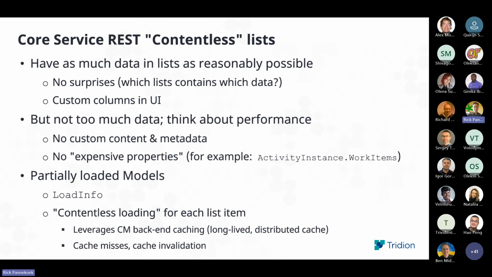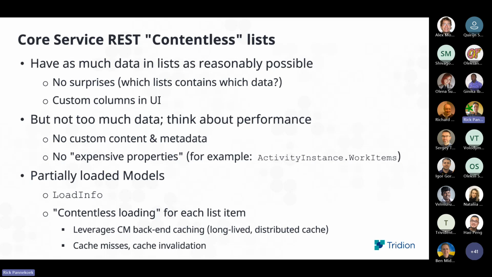It would use way too much memory on the server side, and it would take way too long to transfer to the client. We would choke on so much data. So that's not practical. Reasonably possible does not include custom content and metadata, and that's where the term contentless comes from.